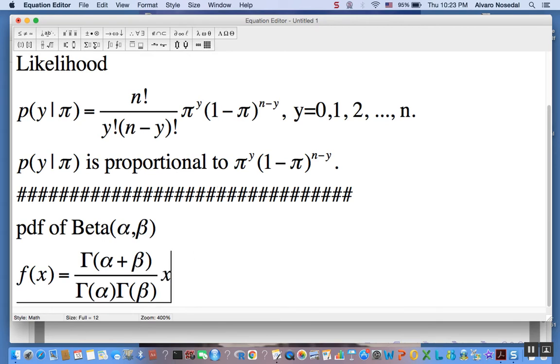And then we have the argument of our function, x to the power alpha minus 1, times 1 minus x to the power beta minus 1. And we know that the support of this is just the interval from 0 to 1.